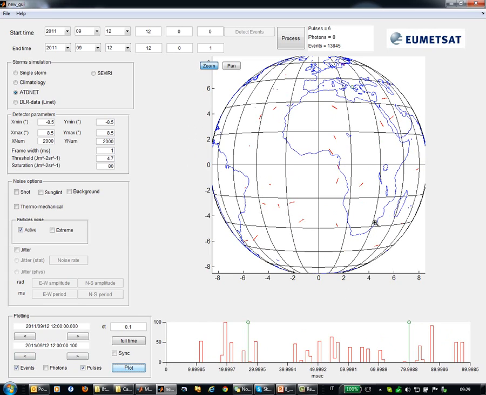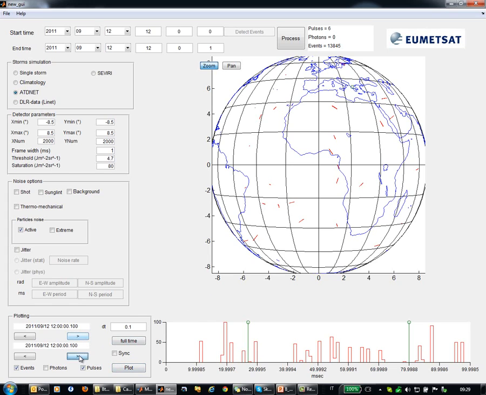This now represents 100 frames acquired by the lightning imager. You may appreciate that in these 100 frames there are no optical pulses.